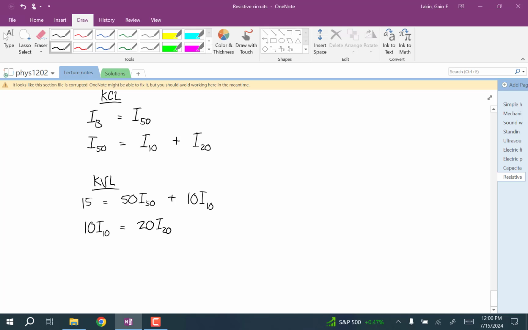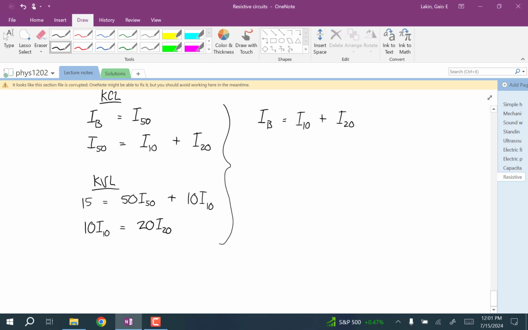by substitution. So I'm going to just start substituting things. I'm going to put IB in anywhere I see I50. So we have IB is equal to I10 plus I20.